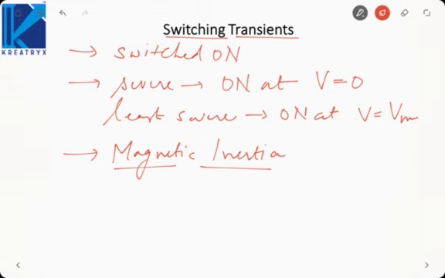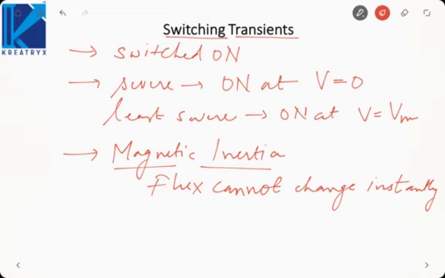Similarly, in terms of magnetism, we say that the flux cannot change instantaneously. Any inductor or any coil will provide opposition to the change in flux. That is called magnetic inertia. It means flux cannot change instantly.